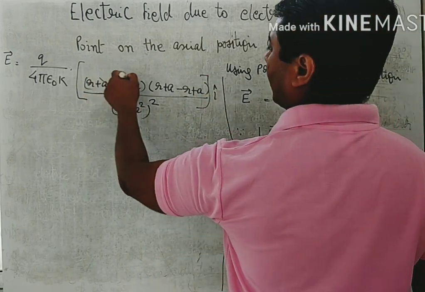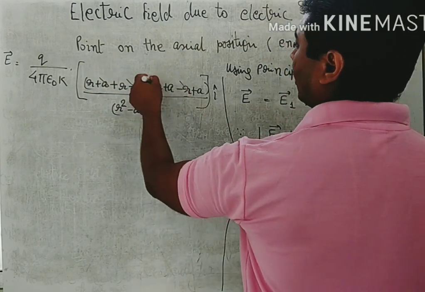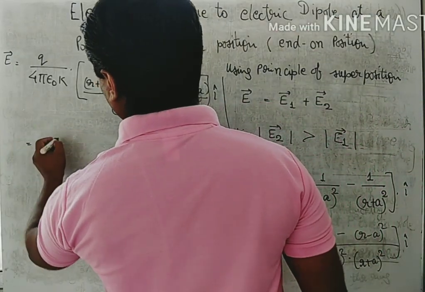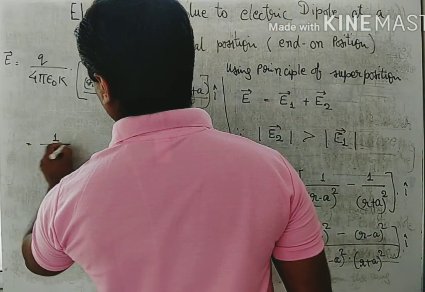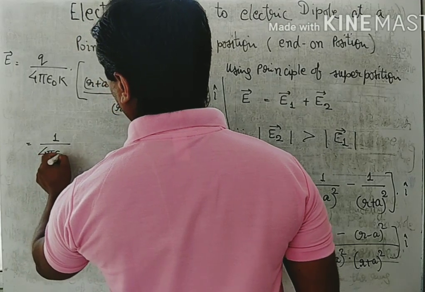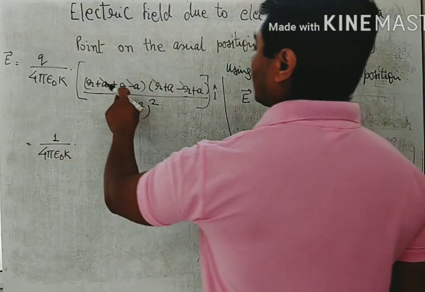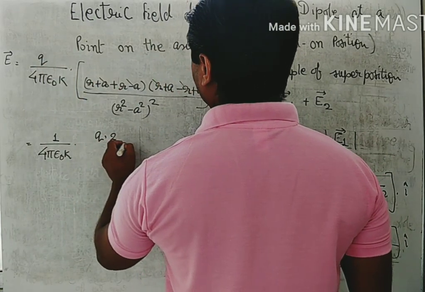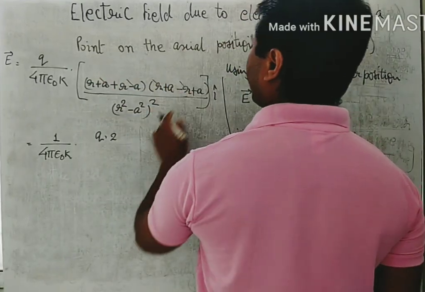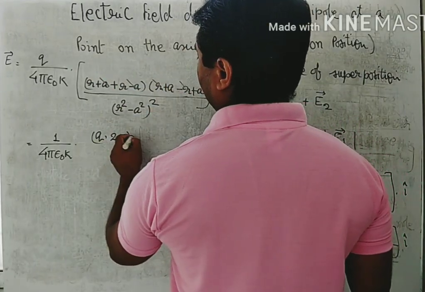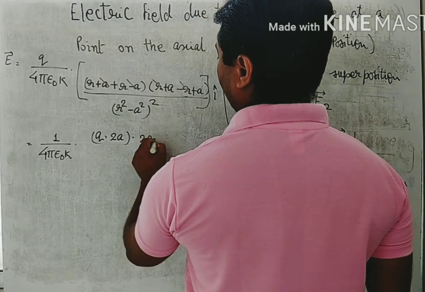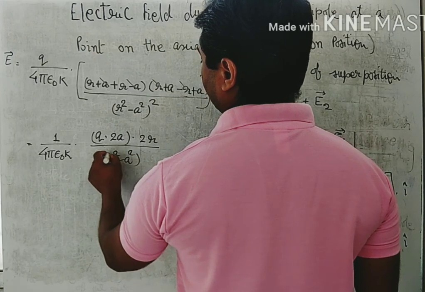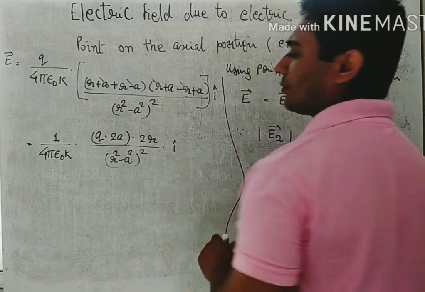So here a and a will get cancelled, and here r and r. So this 2r and this 2a will make 1 upon 4 pi epsilon naught k into q into 2a into 2r upon (r square minus a square) whole square into i cap.